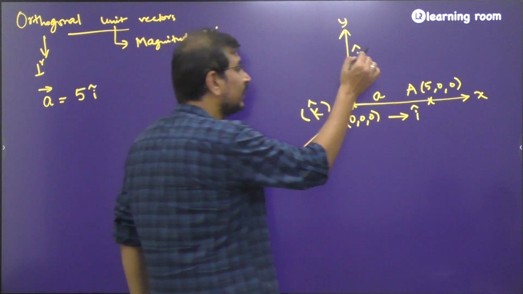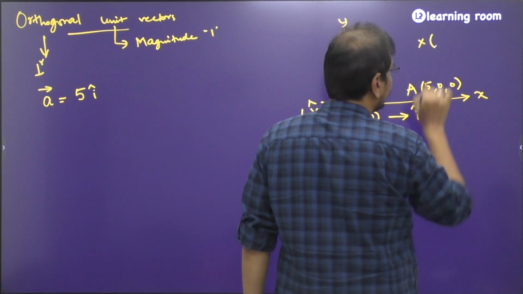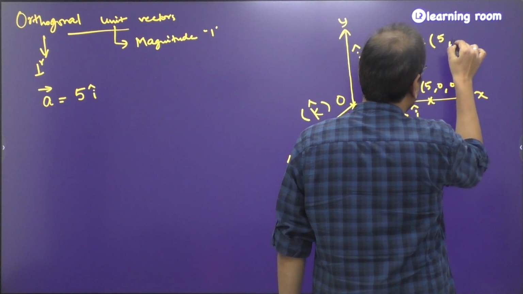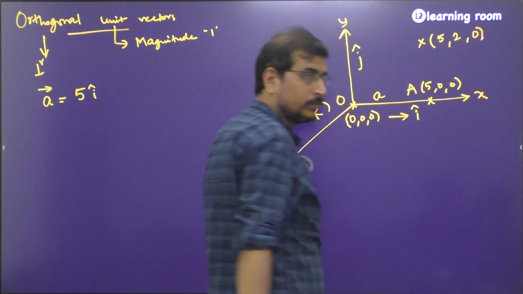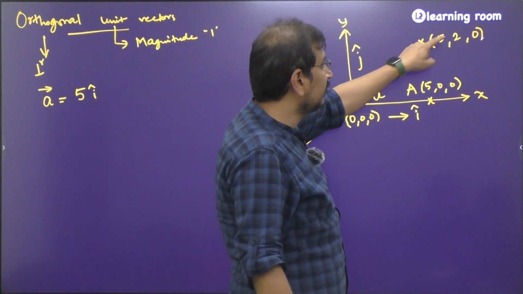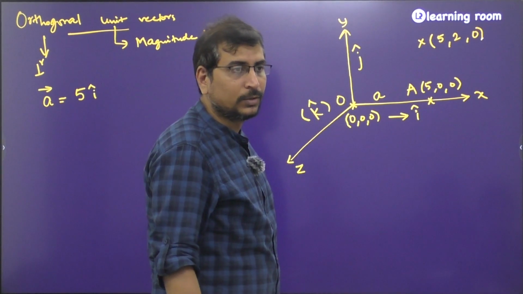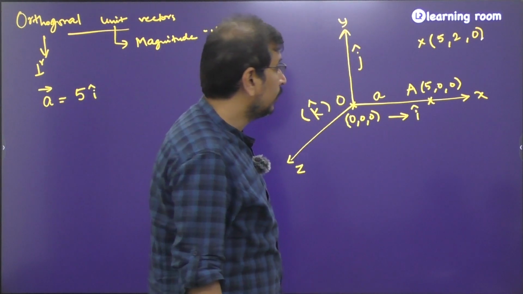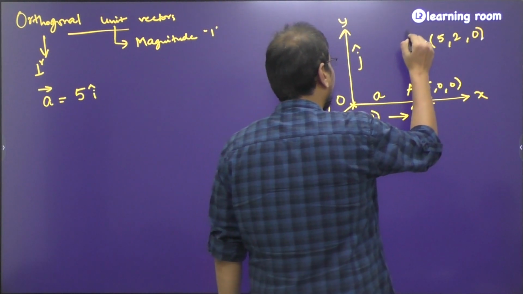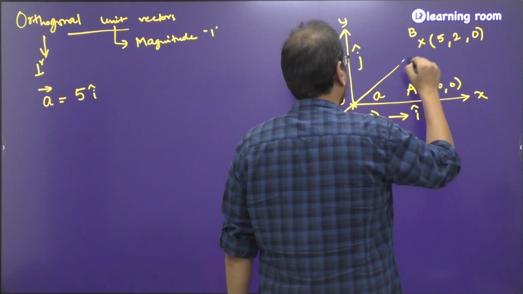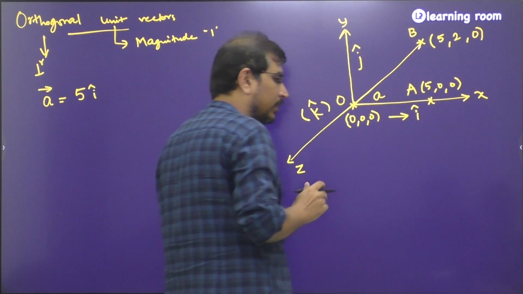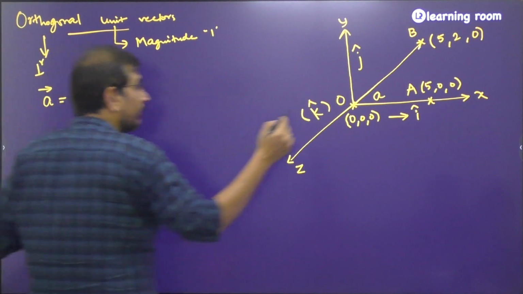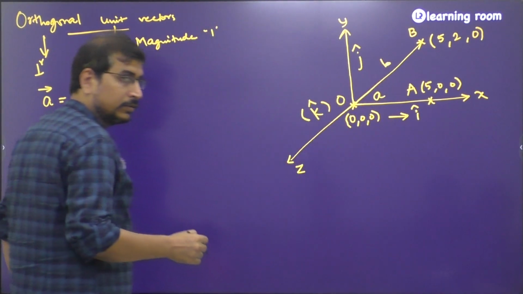Similarly, let's say there is a point in space such that it is 5, 2, 0. So this is the x coordinate, this is the y coordinate, this is the z coordinate. It is in the xy plane. Suppose I take this point to be B and let me call this OB vector, B for instance.